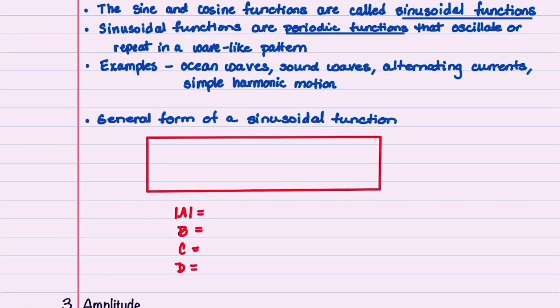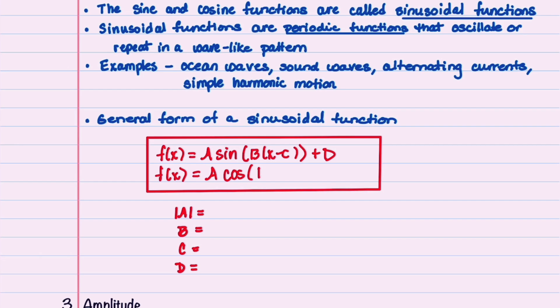The general form for a sinusoidal function can be written like this. f of x is equal to a times sine of b times (x minus c) plus d, or f of x is equal to a times cosine of b times (x minus c) plus d.